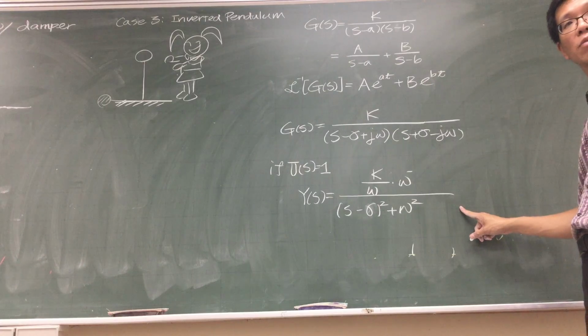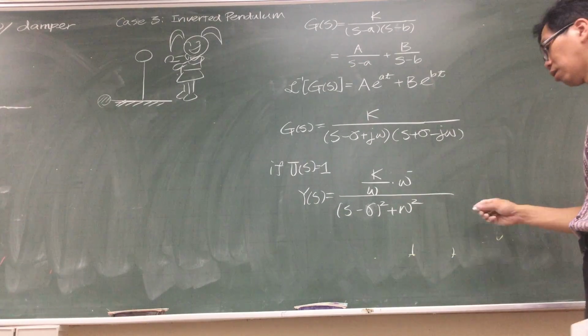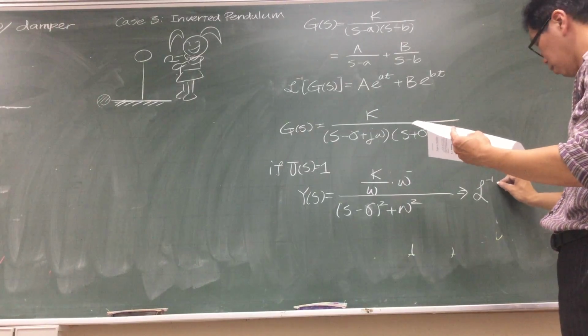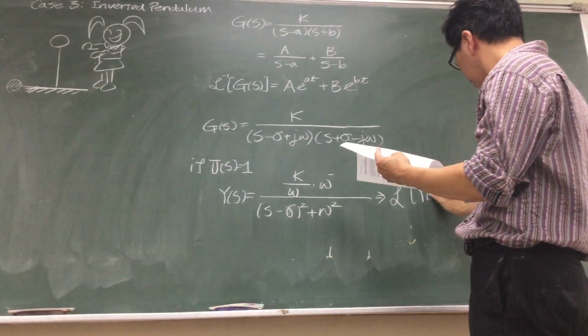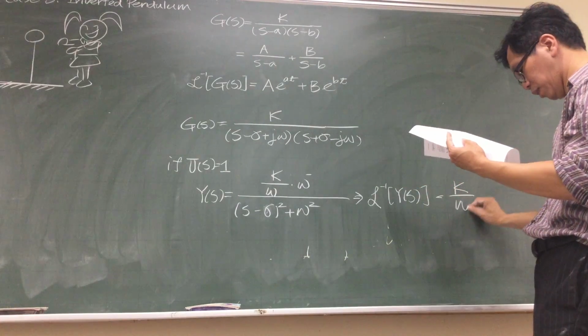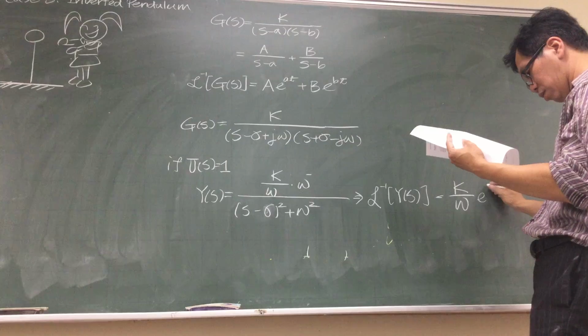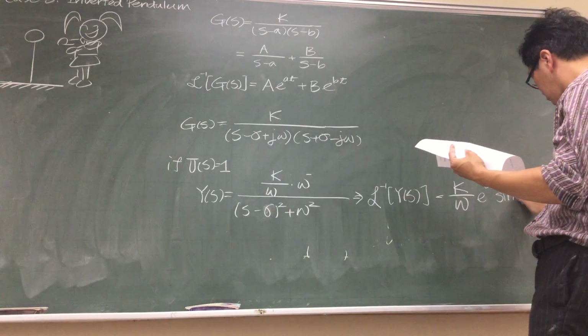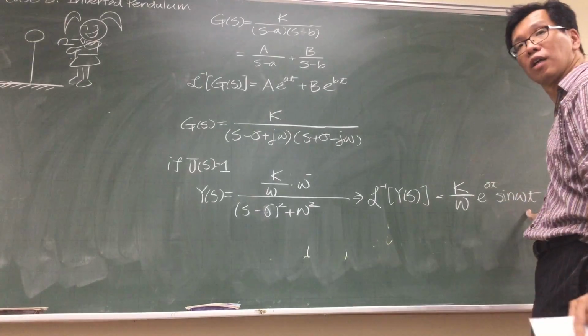Okay, this is something I believe you guys can do at home. So if you do the inverse Laplace transform, you get K over omega, exponential rho t, sine omega t.